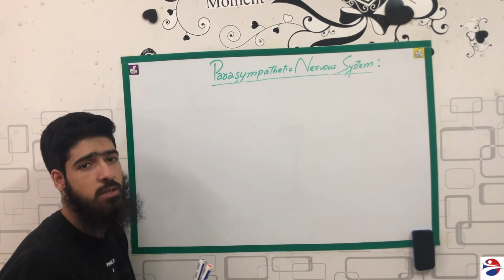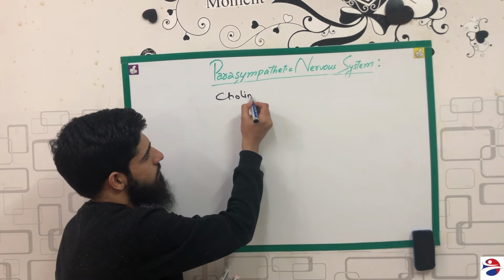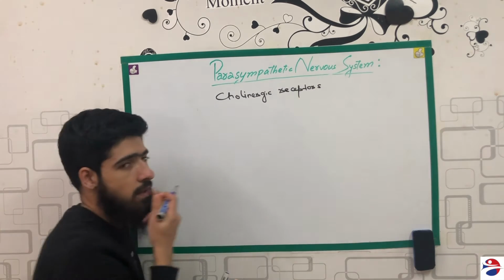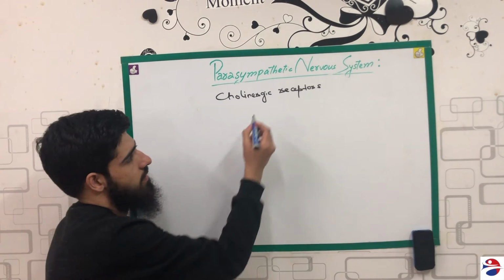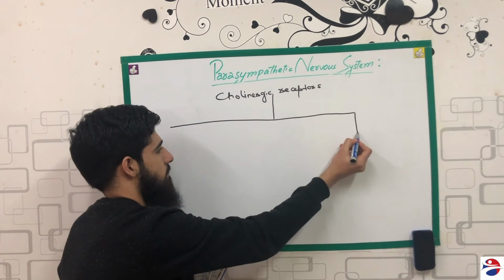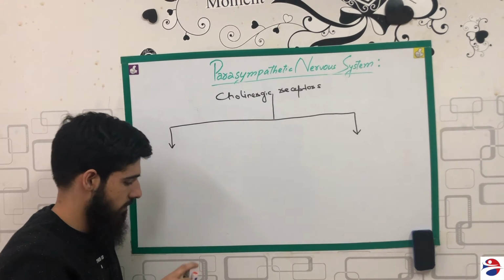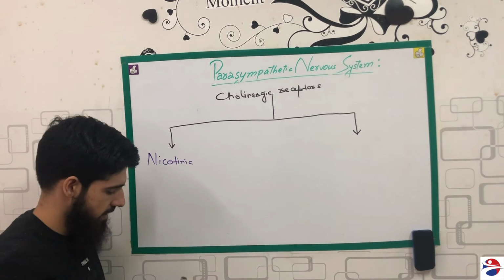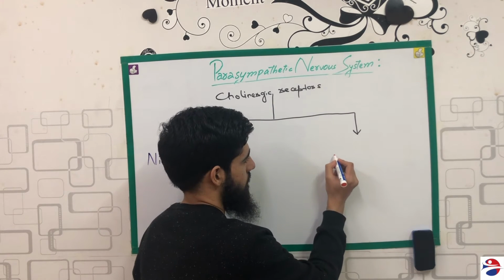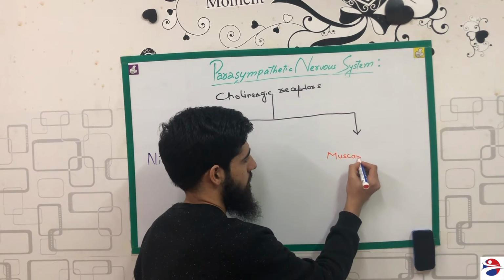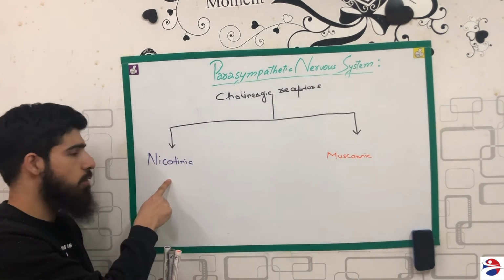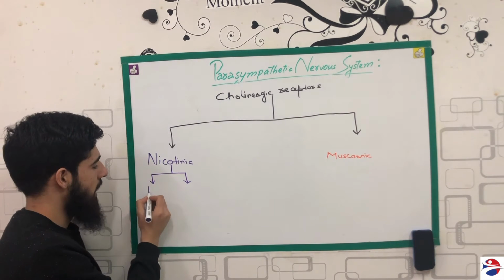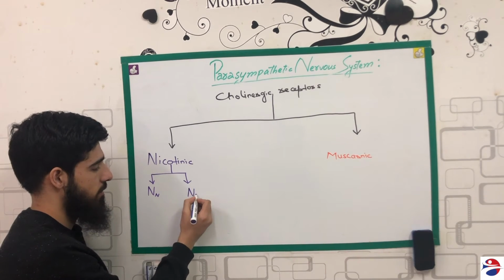Now we will study the classification of cholinergic receptors. They are subdivided into two parts: one is nicotinic and the other is muscarinic. Nicotinic is further divided into two parts: NN type and NM type.